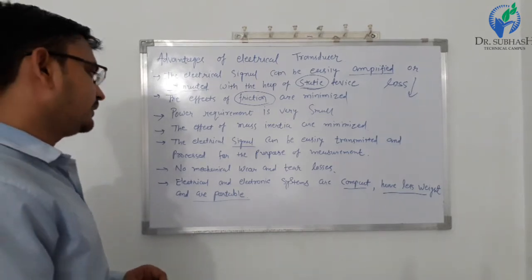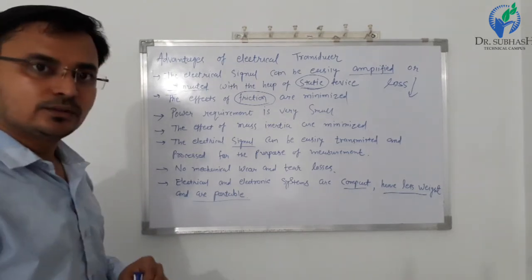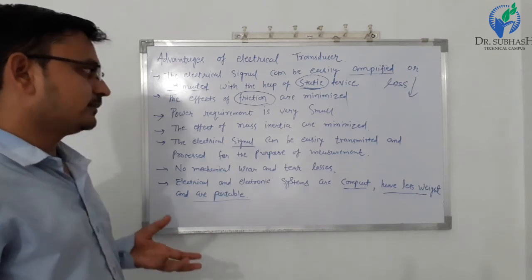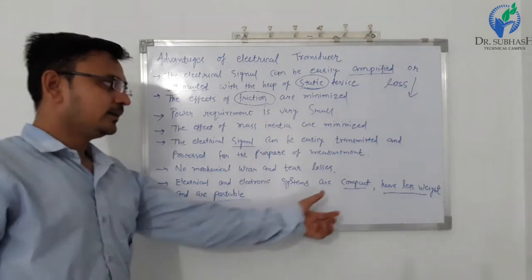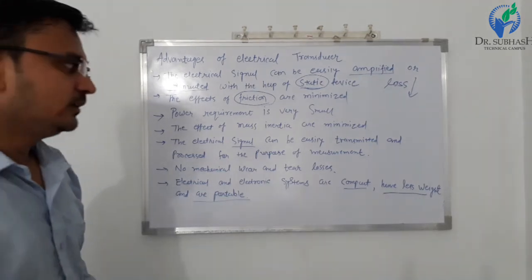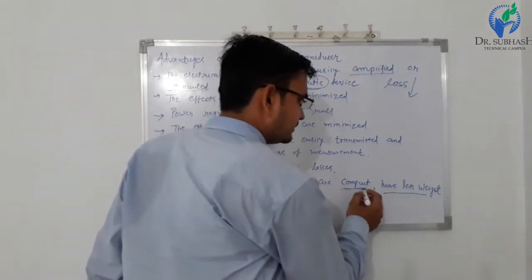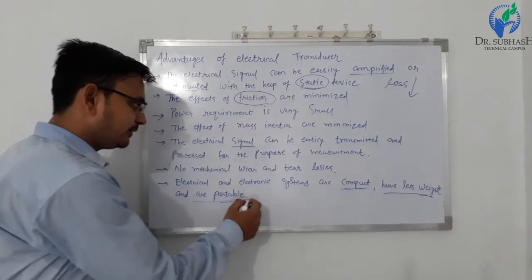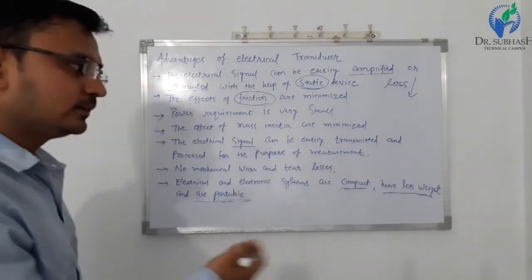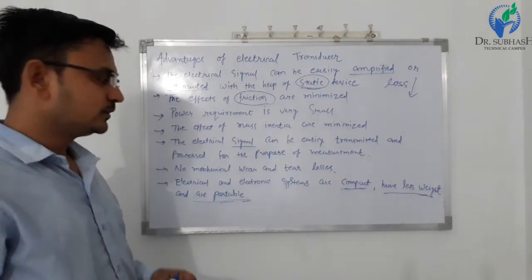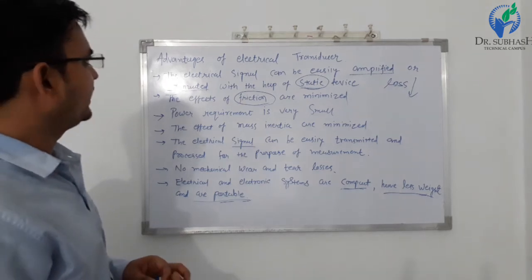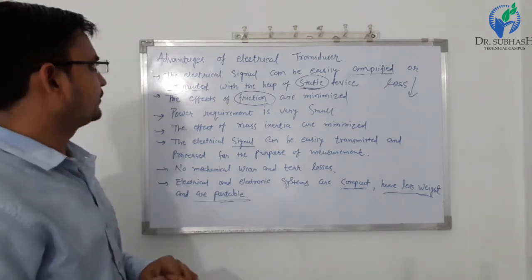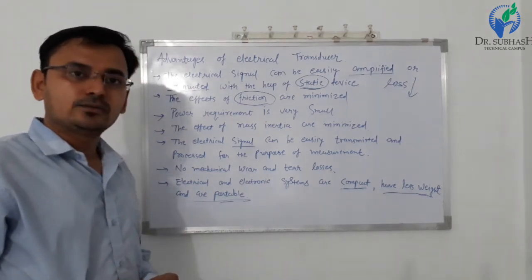So these are the advantages we can use in any system. Because of compact size, weight is also less, and it is a portable device. We can shift it anywhere. So these are the main advantages of the electrical transducer.